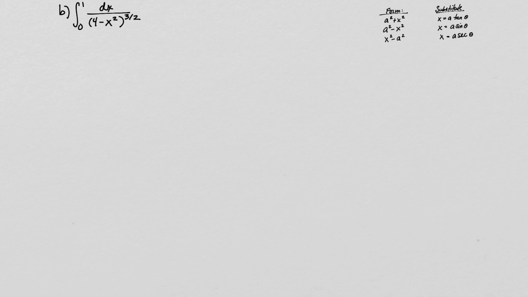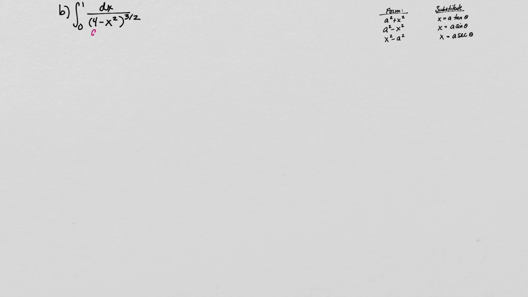Which form do I have? Do I have the a squared plus x squared, the a squared minus x squared, the x squared minus a squared? Yeah, so I have the a squared minus x squared. So in this case, my a is what? Okay, so you want to be a little careful, right?